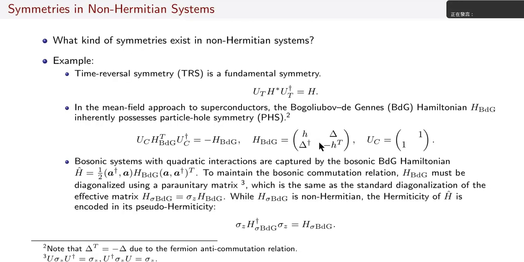Okay, so the symmetry. What kind of symmetry exists in non-Hermitian systems? In this talk, I didn't fix any physical system, so I cannot determine what symmetry really exists in the Hamiltonian matrix.